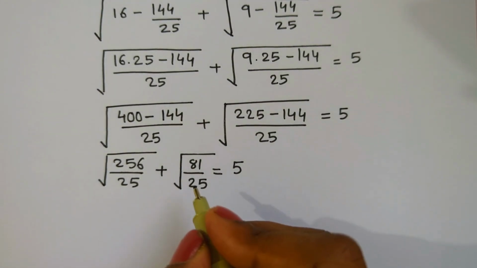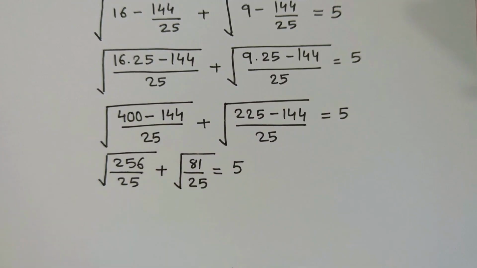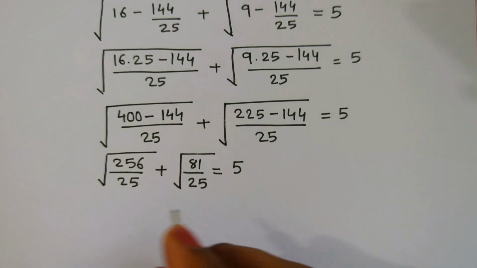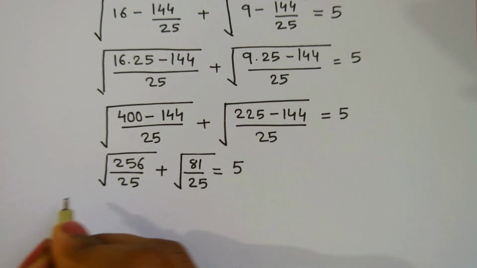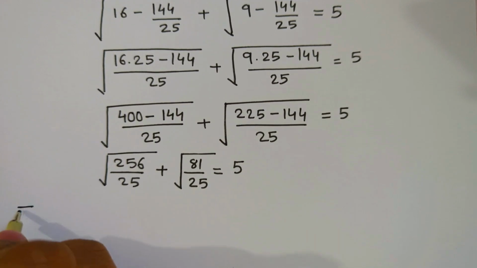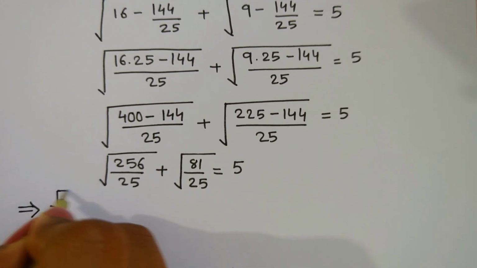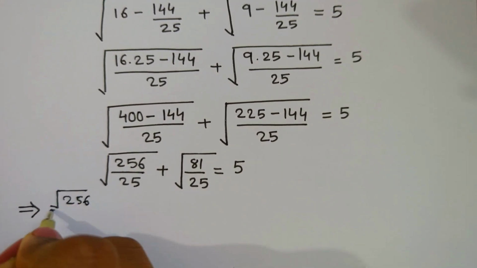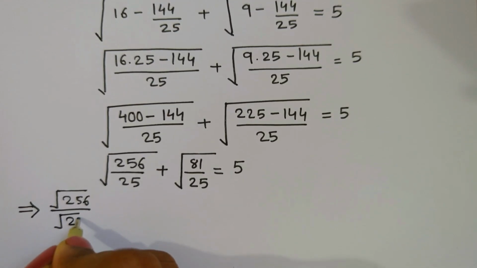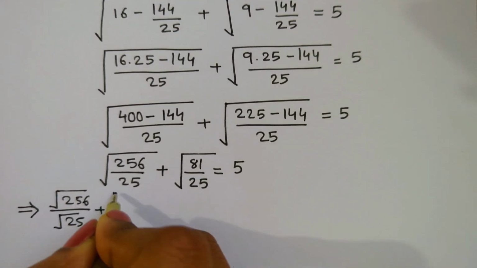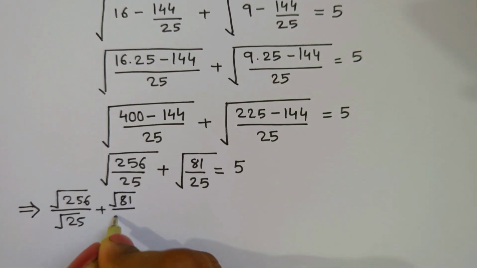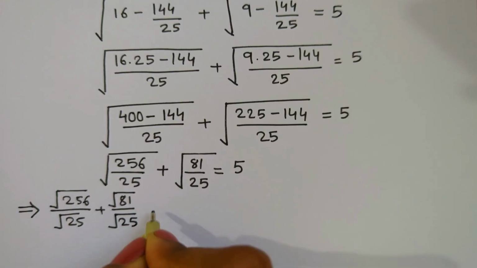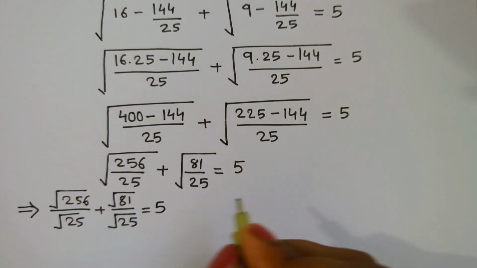Now taking the square root separately for the numerator as well as the denominator for both the terms on the left hand side, separating the square root: square root of 256 divided by square root of 25 plus square root of 81 divided by square root of 25 is equal to 5.